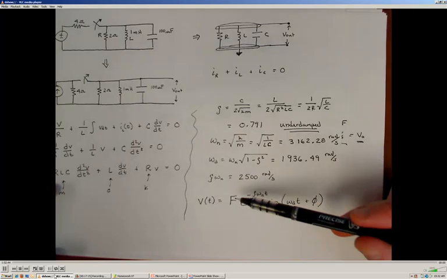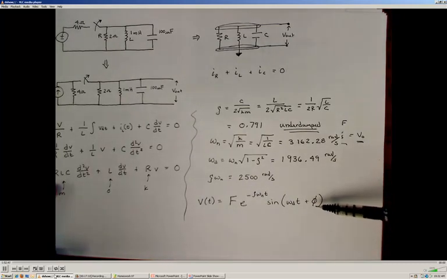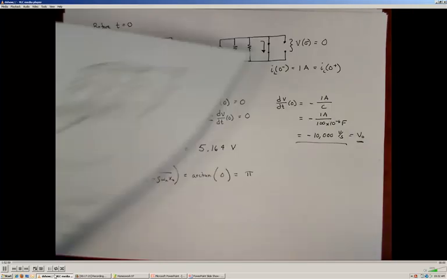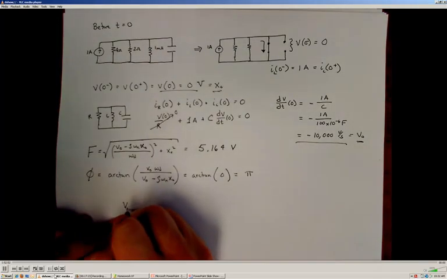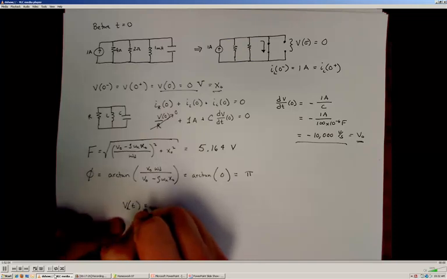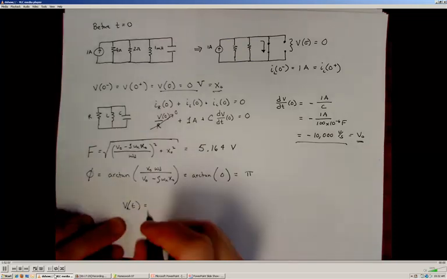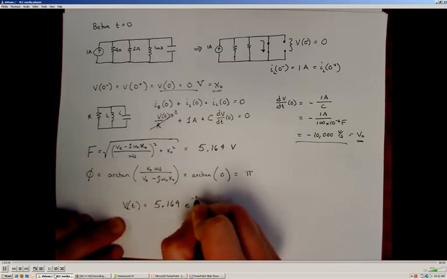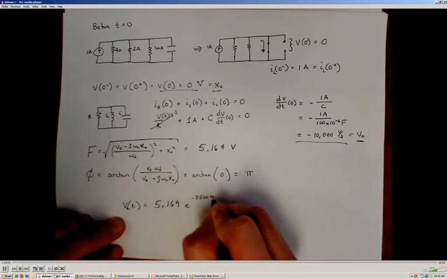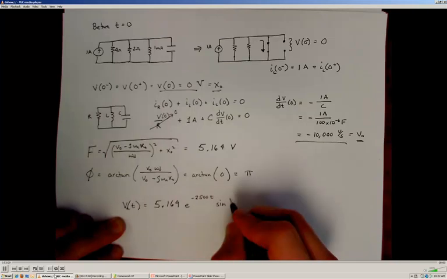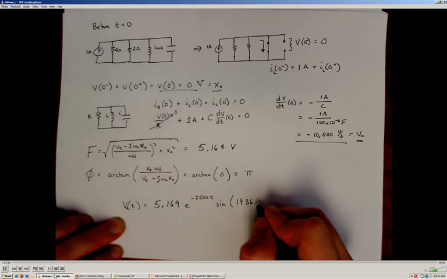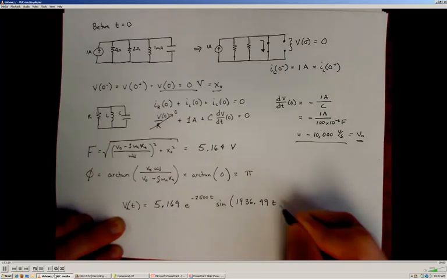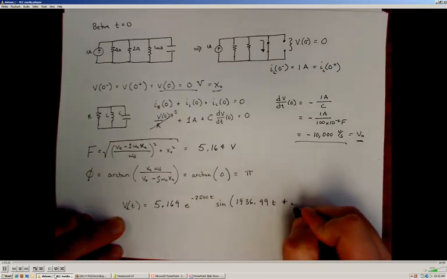I will now plug those values back into my general assumed solution, and I wind up with the function of time that describes the potential across all of the parallel elements as being 5.164 times e to the negative 2500 t times the sine of 1936.49 times time plus pi.